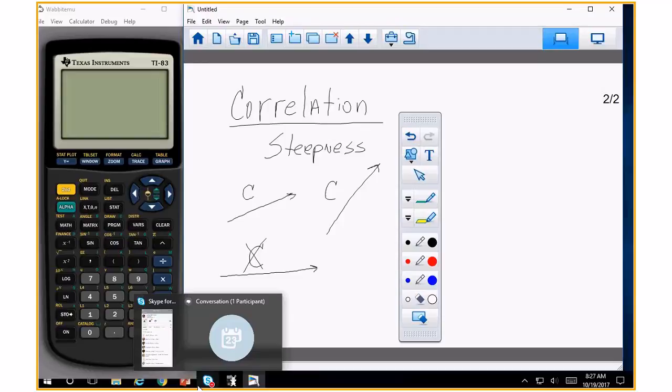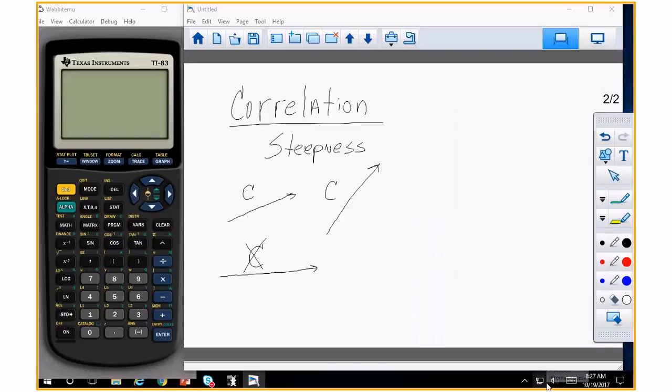So correlation, correlation, no correlation. Oops, sorry. So here I got a positive correlation. Here I got a positive correlation. Here I got a negative correlation. Here I got a negative correlation.